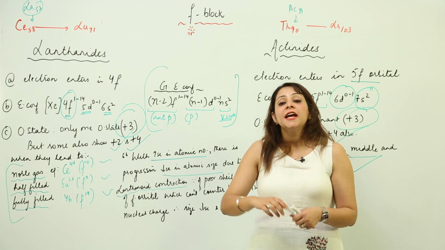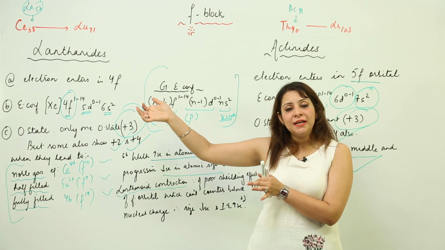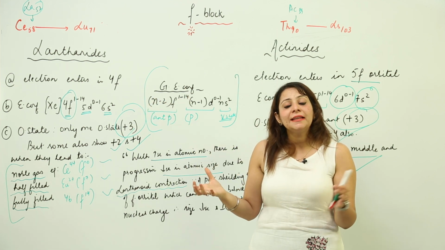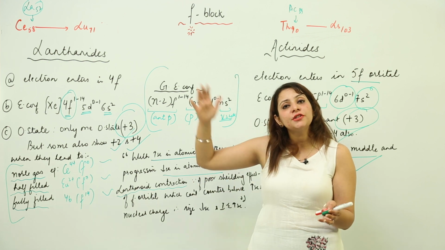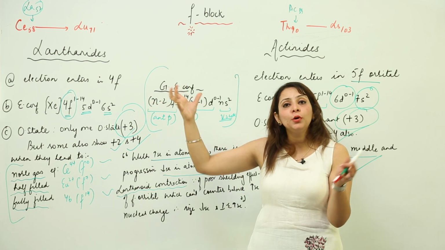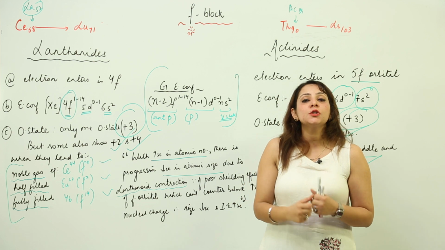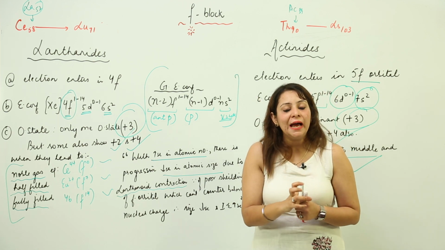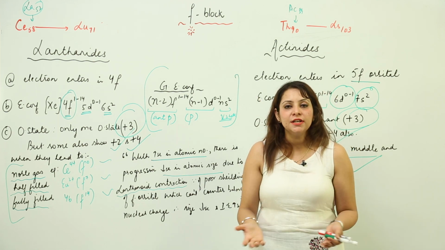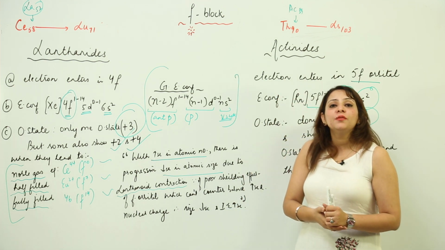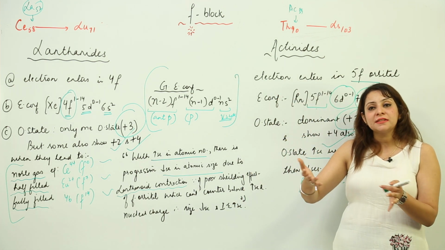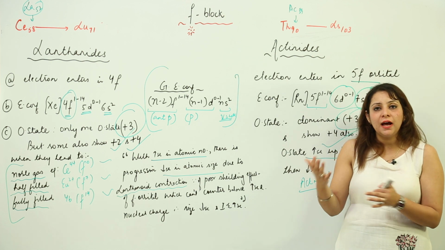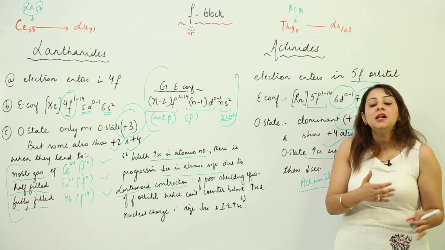That means it won't prevent the outer shell electrons from the nuclear charge, and the nuclear charge is reaching the outer shell electrons. They are pulled more effectively, and that leads to shrinkage in size and increase in the ionization energy.